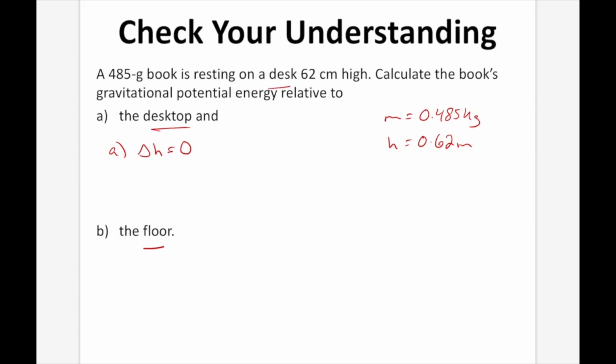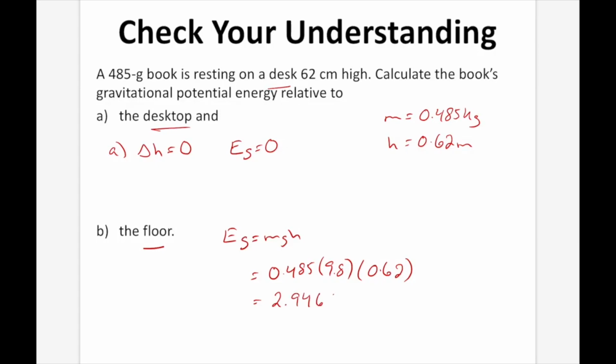So relative to the desktop, the Eg is 0. Relative to the floor, it's going to equal mgh, which is 0.485 times 9.8 times 0.62. That equals 2.94686 joules. We need 2 sig digs in our answer, so we're going to get 2.9 joules.